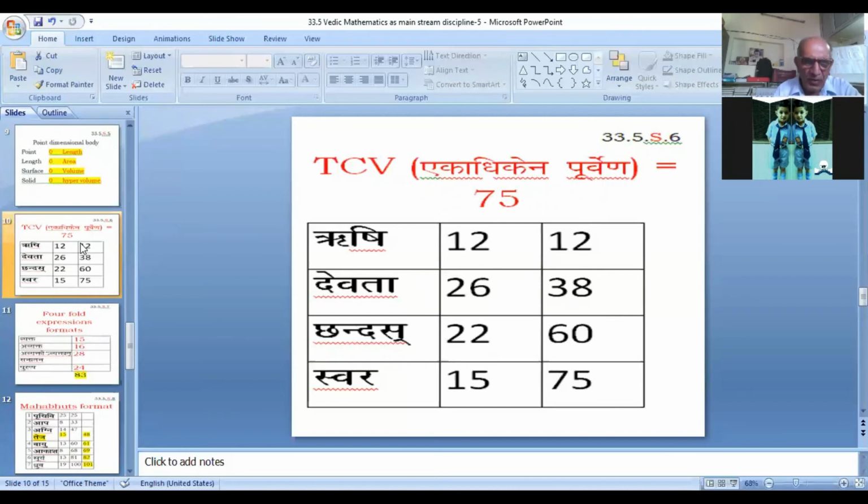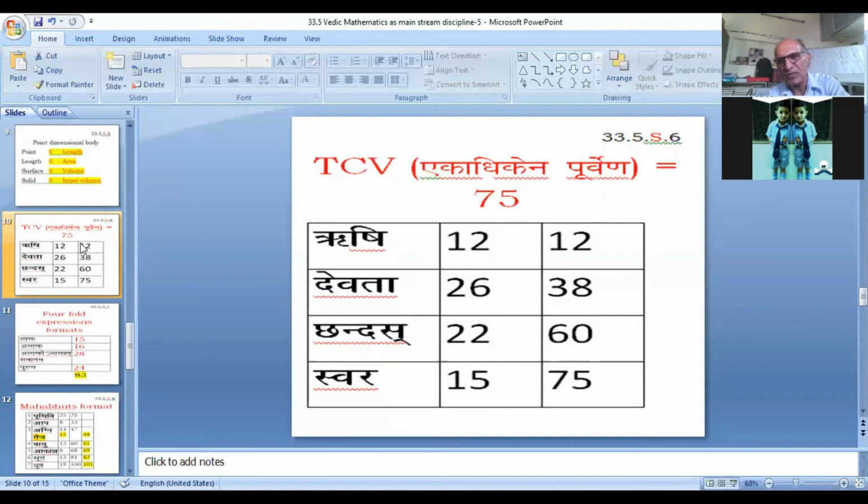Of these quadruple formulations, Rishi is of TC value 12. The formulation Devata is of TC value 26. The formula Chandas, that is the filtering format, is of value 22, and then Swara is of value 15.